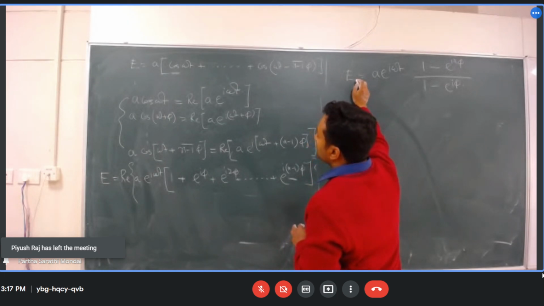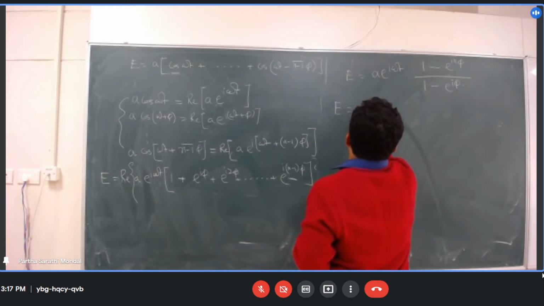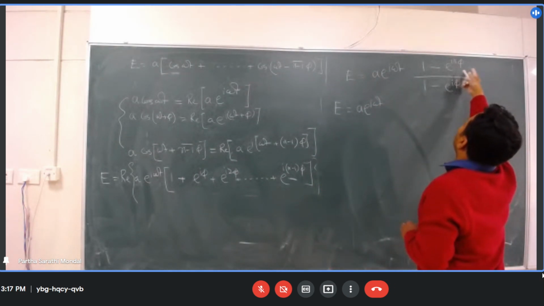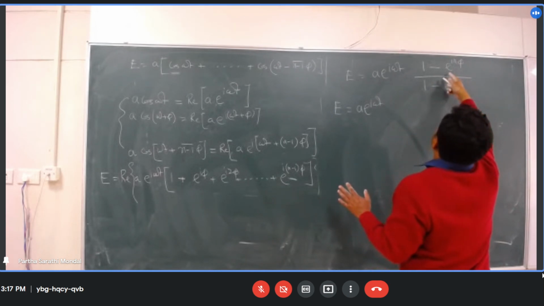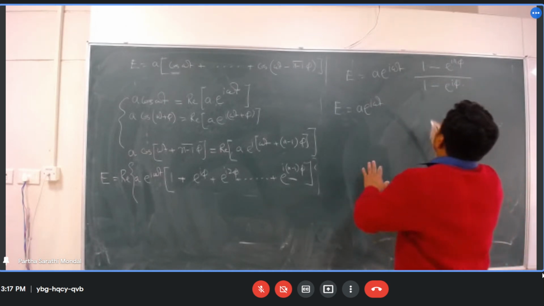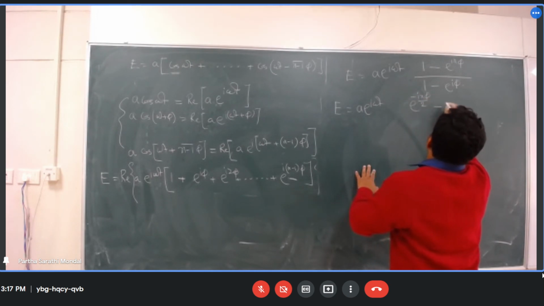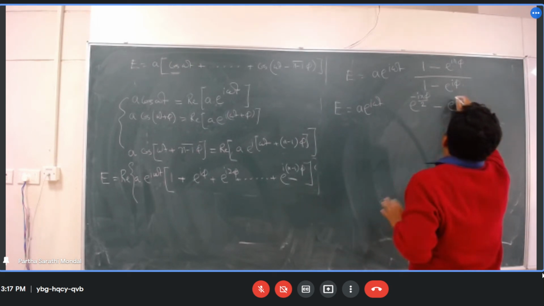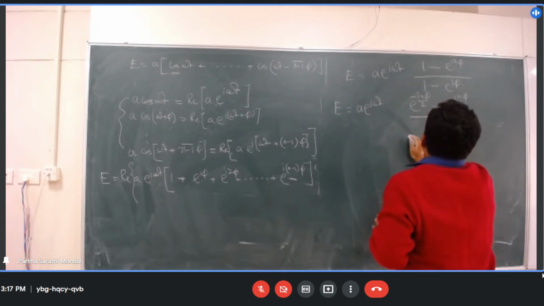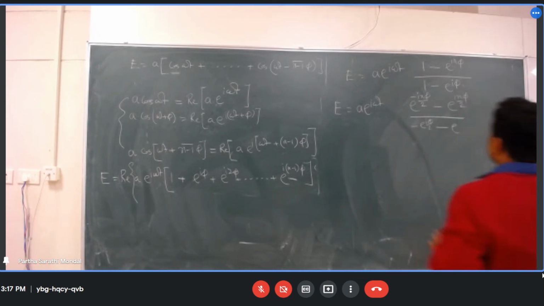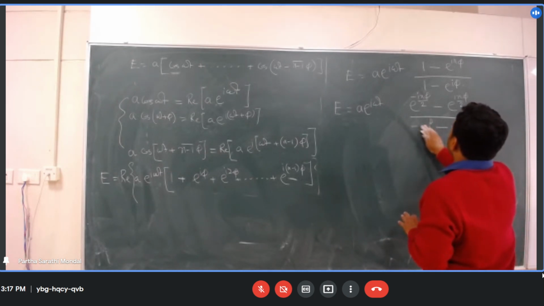Multiply and divide the numerator by e to the power i n phi by 2, which gives minus i phi by 2, and similarly divide the denominator by e to the power i phi by 2.